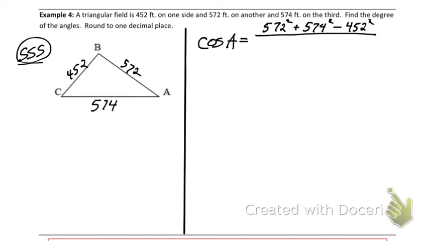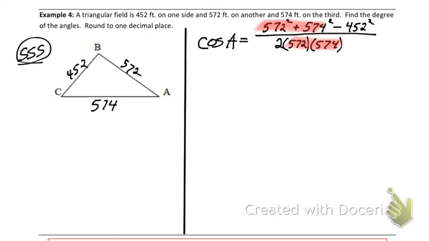And we put that all over 2 times 572 times 574. So the sides not opposite, those are used twice, the 572 and 574. The 452, because it's across from angle A, is the one that gets used once in our subtraction.